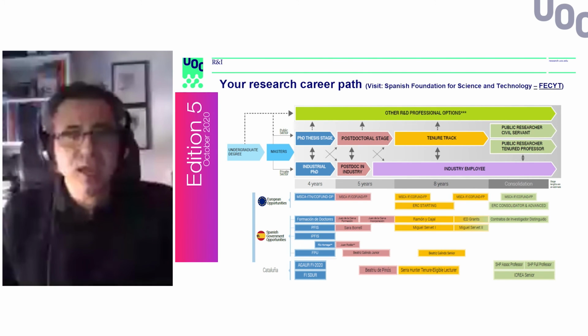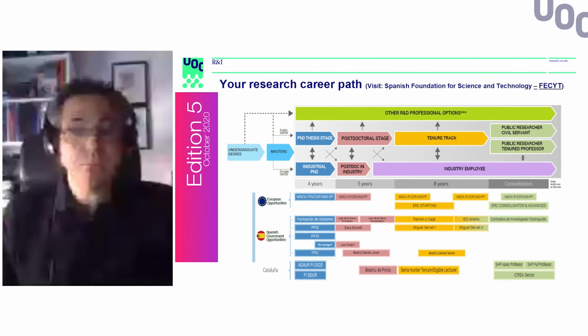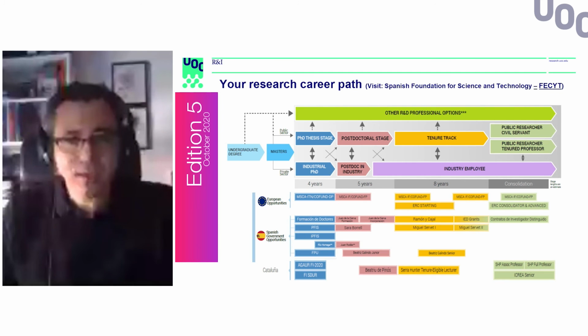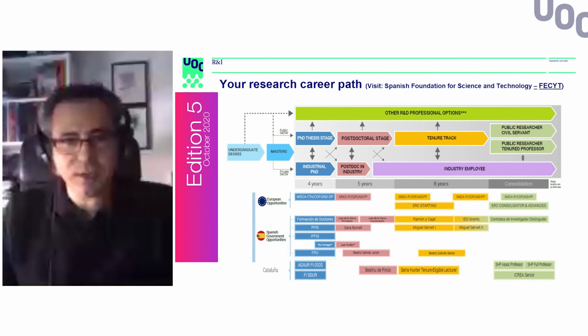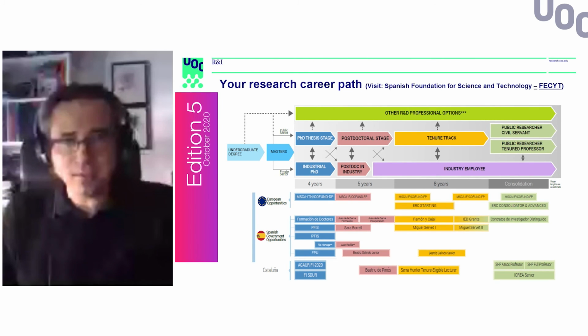You can see how to get funded for these specific stages. So you will find how to get funded for the PhD studies, which is the part where you all are now with different grants. But then you can find how to get funding after that on the postdoctoral stage, even also for the public or for the private sector.